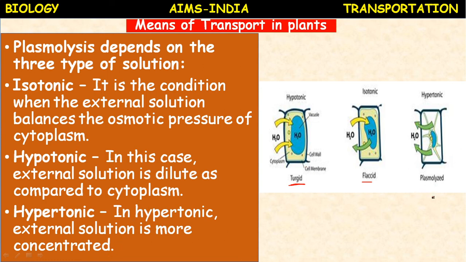In the hypertonic condition, the external solution is more concentrated compared to the internal cytoplasm, so water oozes out. Here water enters inside. Here equally water goes in and comes out. So this is the plasmolyzed condition, hypertonic. When the cell is placed in a highly concentrated solution, this takes place, plasmolysis.